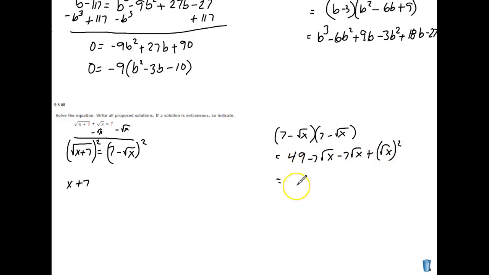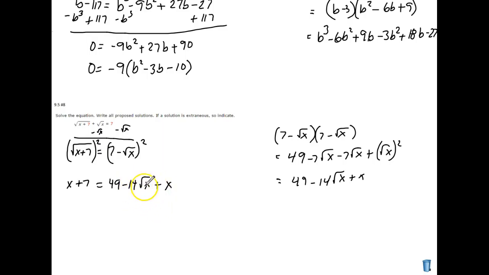So this becomes 49 minus 14 square root x, and then plus an x. So that's this side of the equation. So 49 minus 14 square root x plus x.